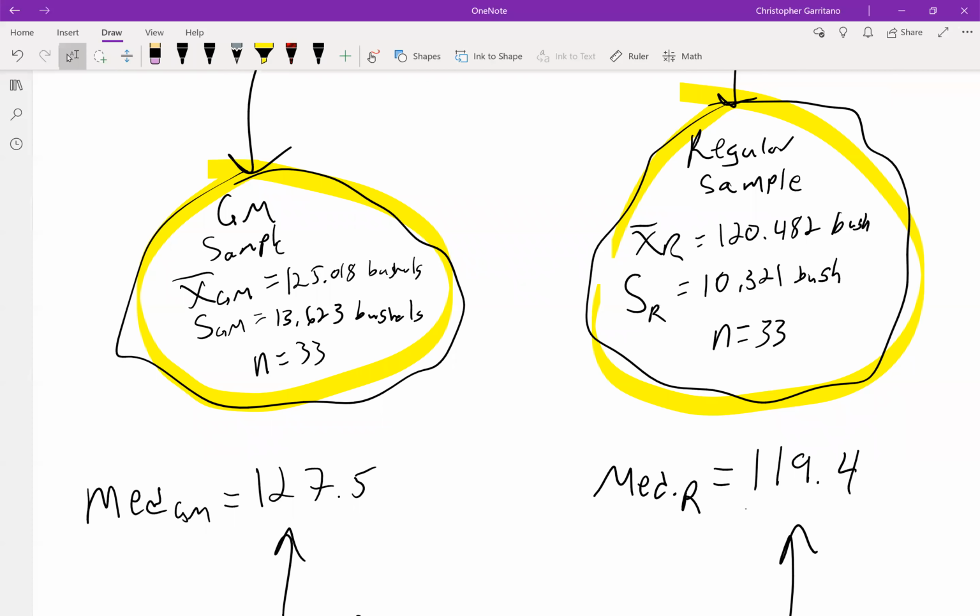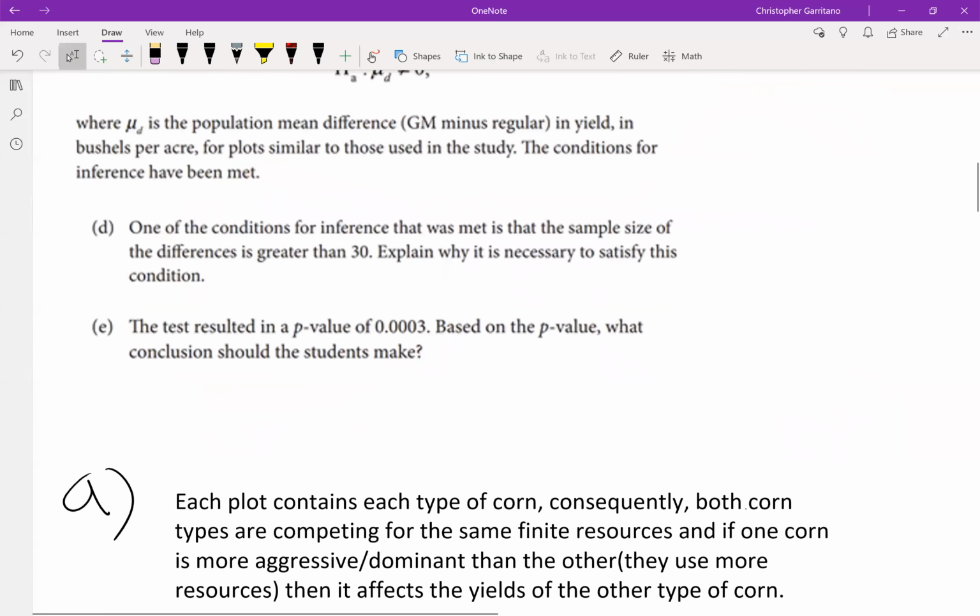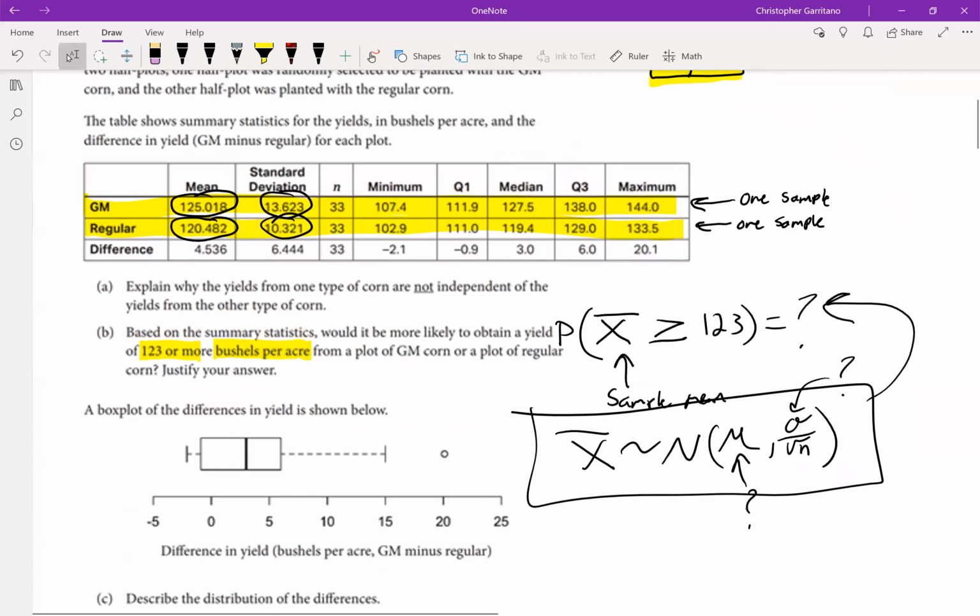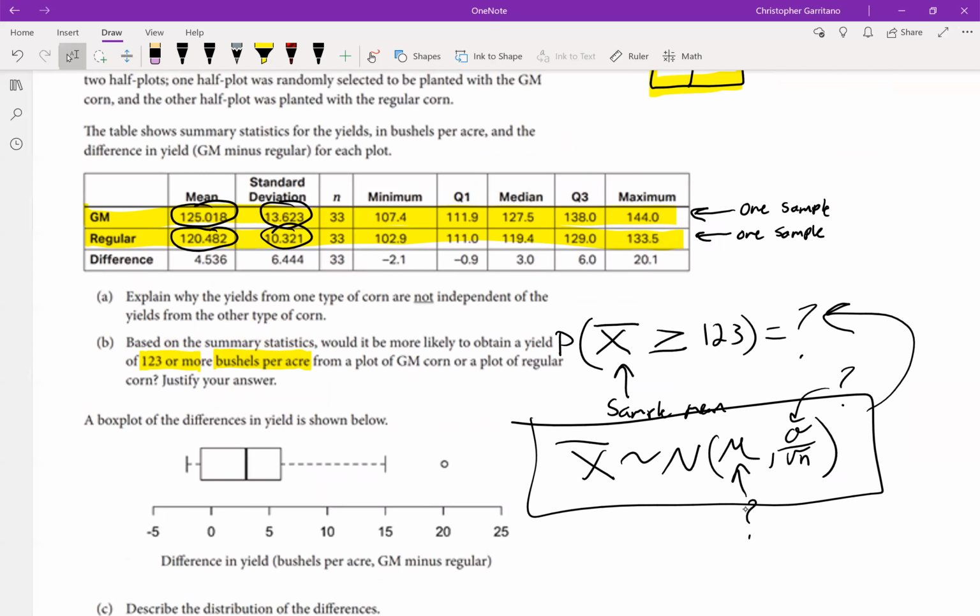Another way of arguing, and I think Justin suggested this, would be to use the medians that are listed, because the question says, based on the summary statistics, answer this question and justify your answer. It doesn't say how you have to do it.